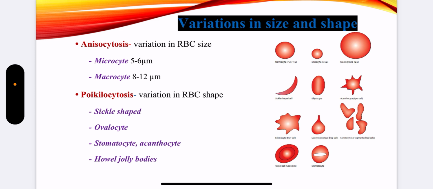They can be fragmented also, like schistocytes. They can be in the form of a tear drop also, as you can see here. Then there are the cryocyte, stomatocyte, codocyte, etc. Codocytes are the target cells seen in thalassemia and also in chronic liver disease.